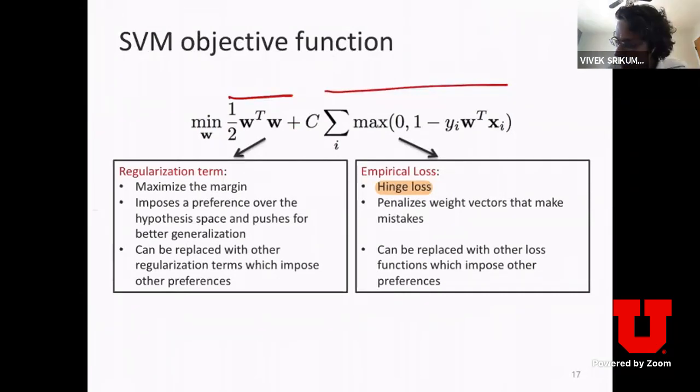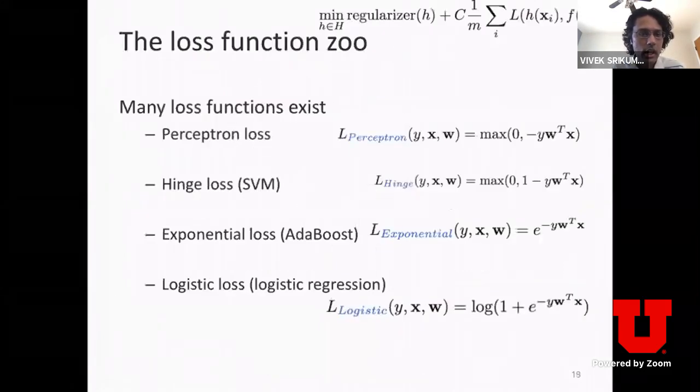In particular, I want to spend a few minutes talking about other choices for this position here. I could use the hinge loss, and if I use the hinge loss, I get an SVM. Instead, it turns out there are many loss functions.